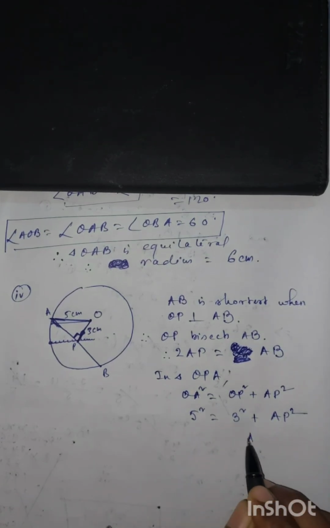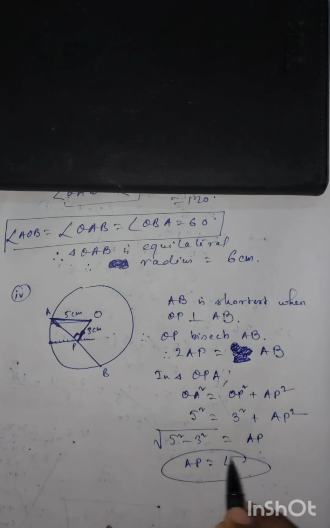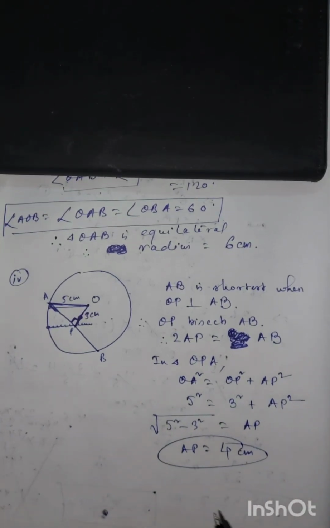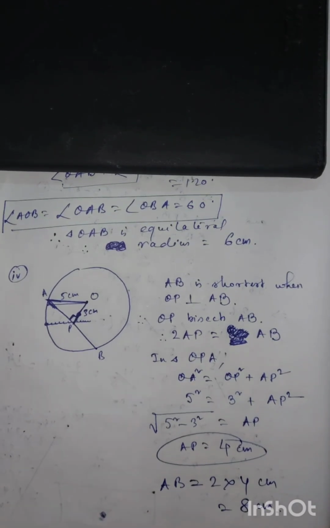AP is equal to root over 5 square minus 3 square. That means AP is equal to 4. So AP is 4 centimeter. Therefore we can say AB will be 2 into 4 centimeter, that means 8 centimeter. So the length of the shortest chord will be 8 centimeter.